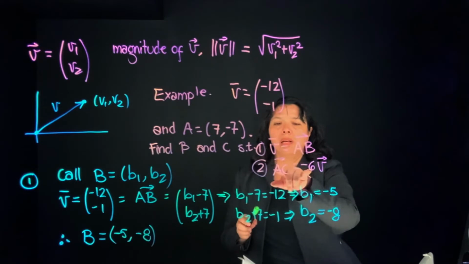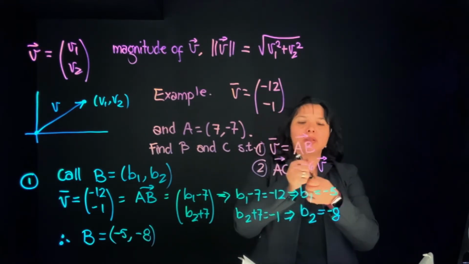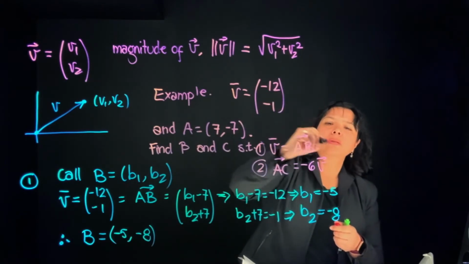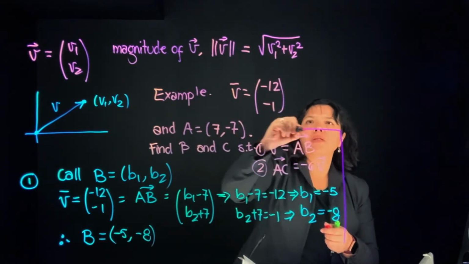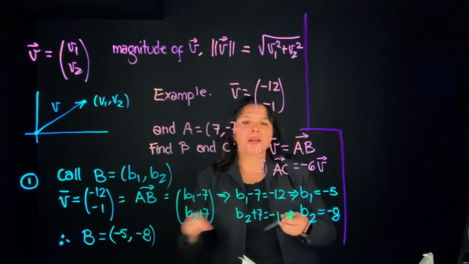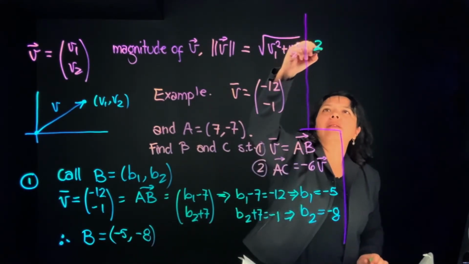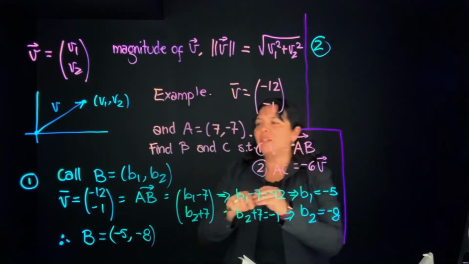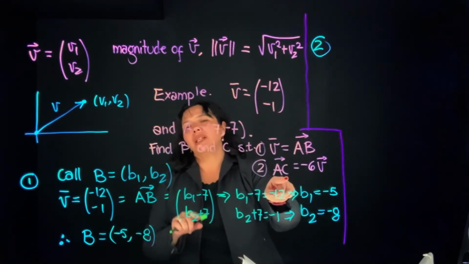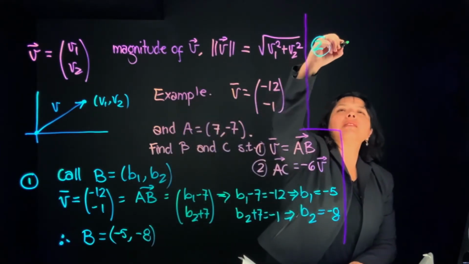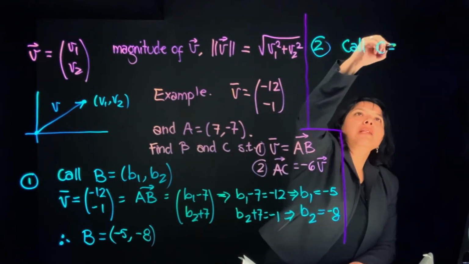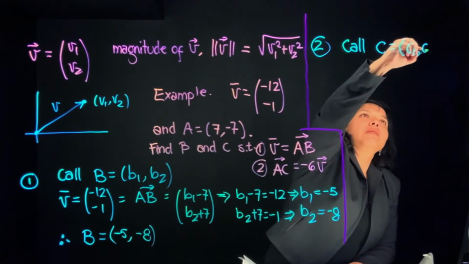Let's do the second one. Let me just make sure that I'm not going to confuse my computation, so I can continue here. So for the second part, I'm going to do something similar. Now I'm going to deal with A and some C that I don't know. So let's call C the point C. Remember, it has two coordinates, so let's call them C1 and C2.